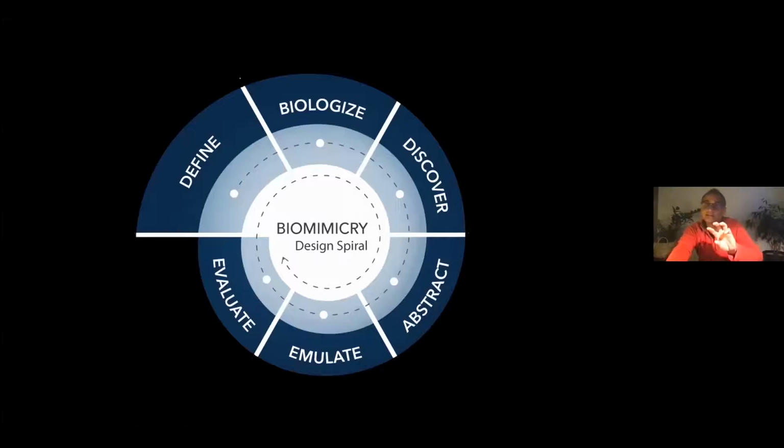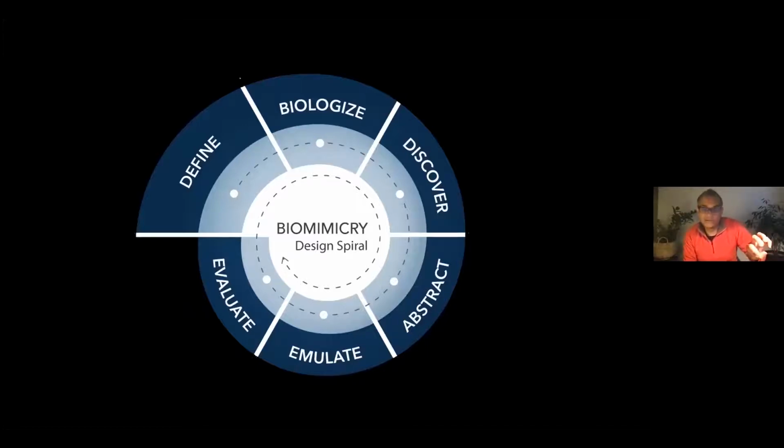You biologize that problem. You ask the question, how would nature do this? Then you try and discover examples like the whale, to see if there are examples in nature that have tried to solve that problem. You extract and abstract the principles. How does nature do this? What are the mechanisms that nature uses? What truly is the function? And you try to emulate it, try to copy it in ways that you can for your design solution.